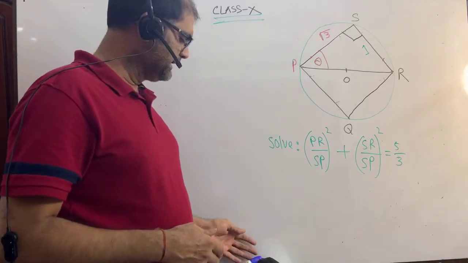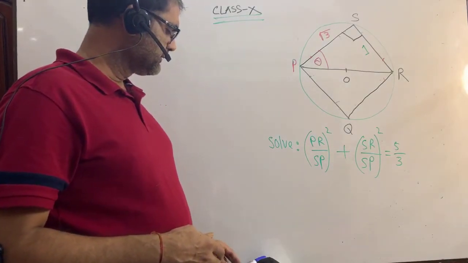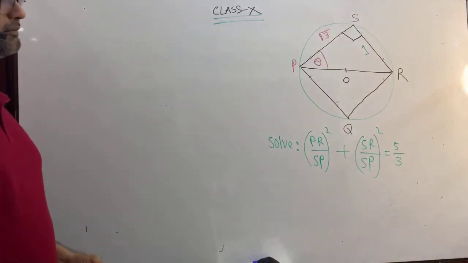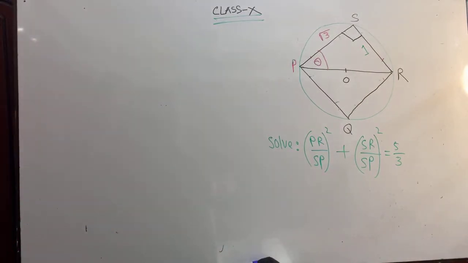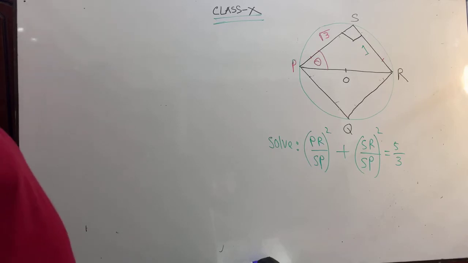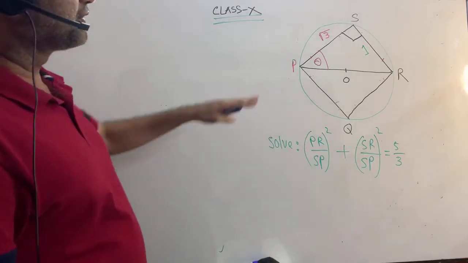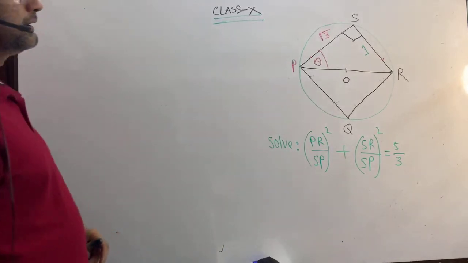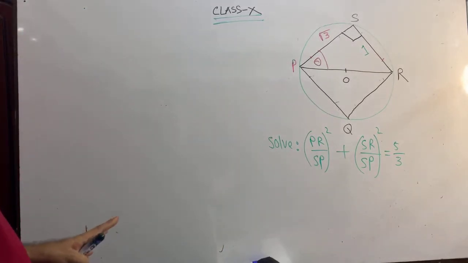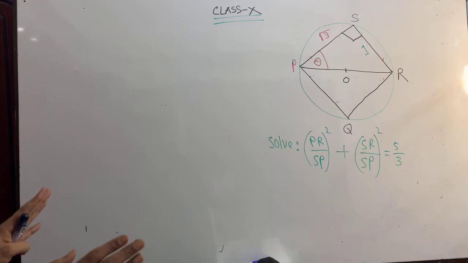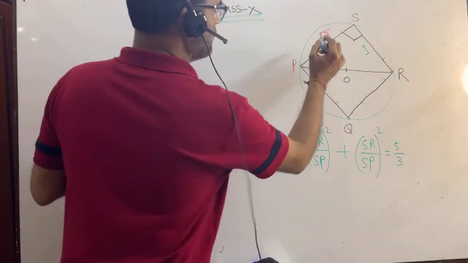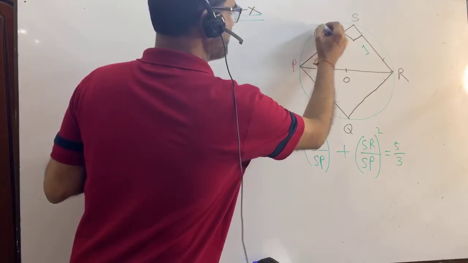You see, in this math it can be found. Suppose PR can be found, but we don't need that. We don't need PR, and actually we also don't need this value.